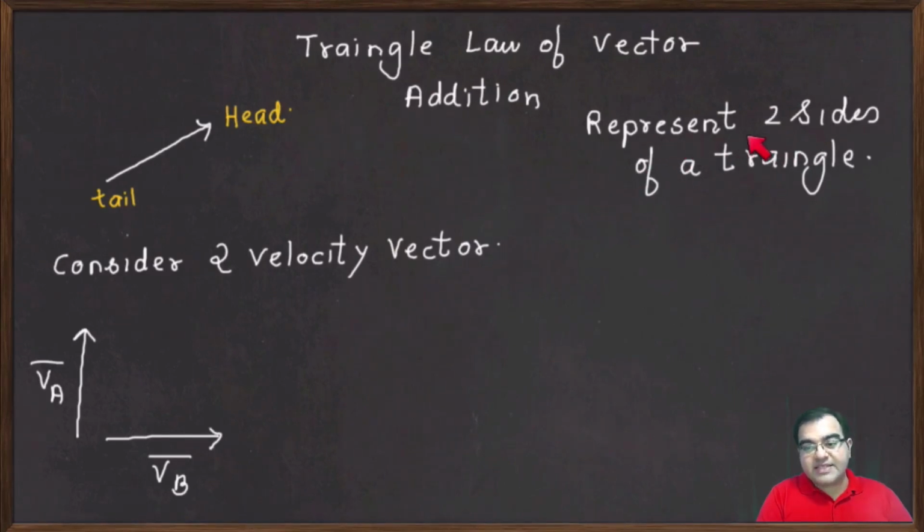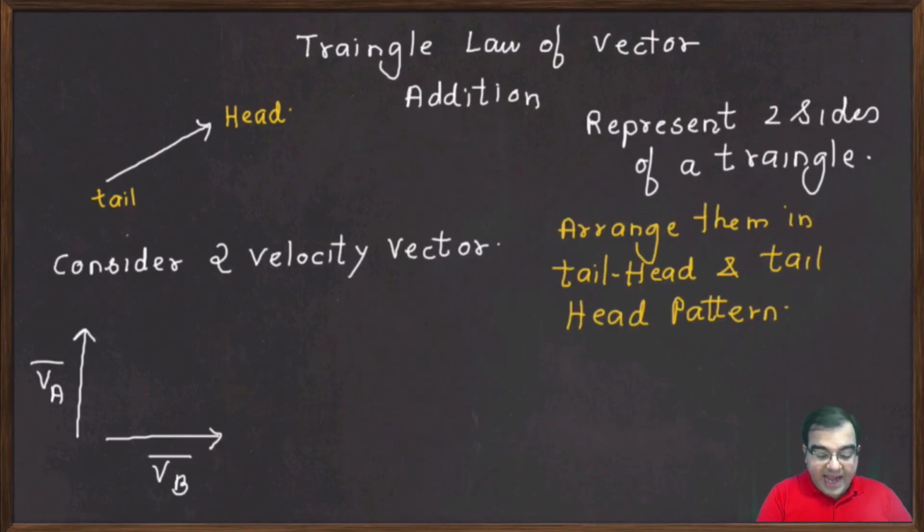So how do you represent these two vectors as sides of a triangle? You have to arrange them in a tail-head pattern. What I mean by this is, this is your tail, this is your head. Let us see the first arrangement of VB, where this is your tail and this is your head.